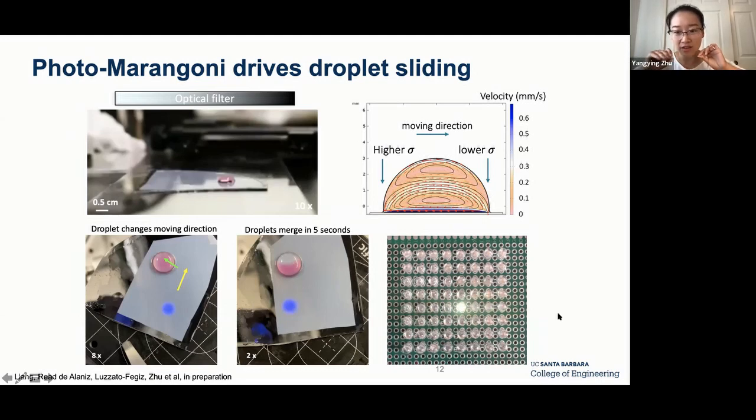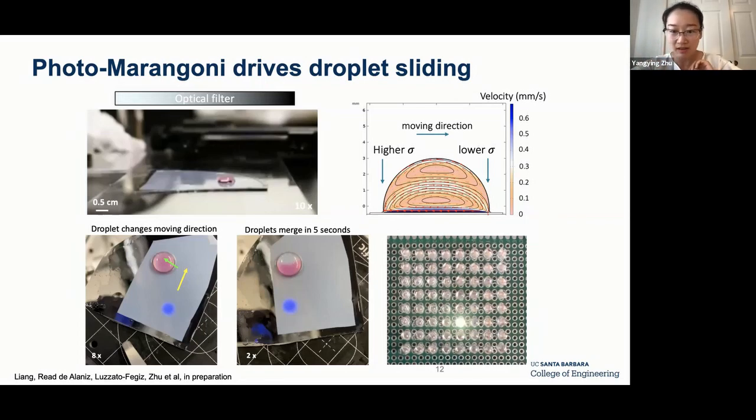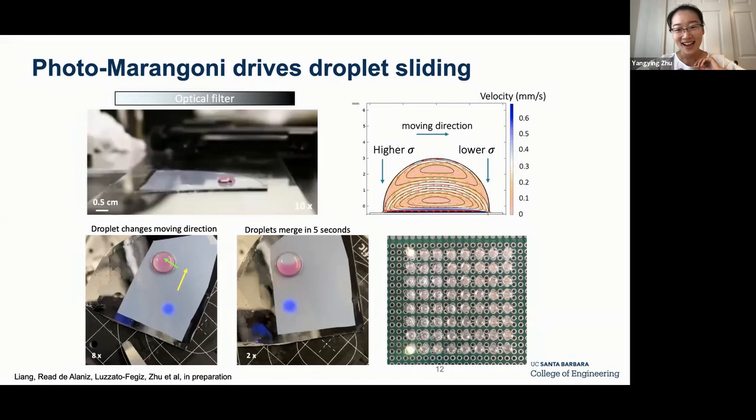This is a UV LED array. I don't know why it appears bright, but this is UV. And you can program the light to run any patterns. Hopefully we're still in the test of this droplet, but the idea is that you can use this light to manipulate droplets to run different patterns on the substrate.